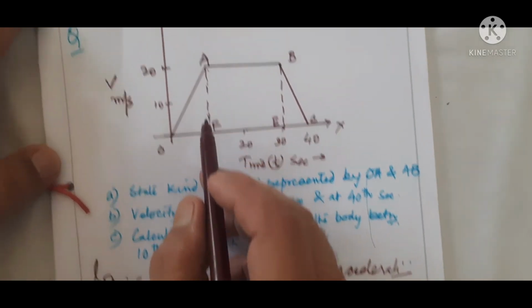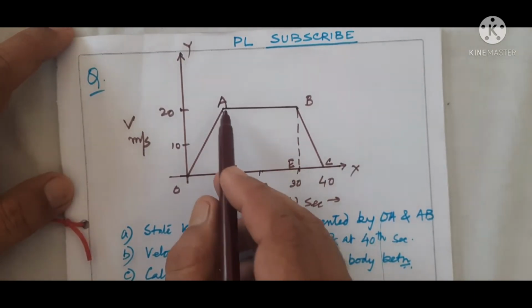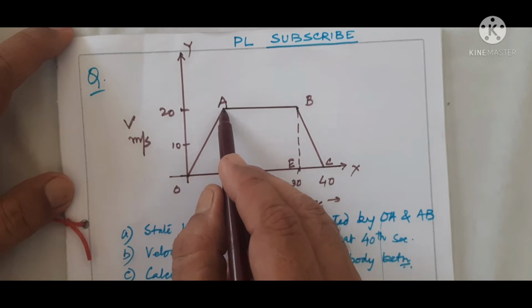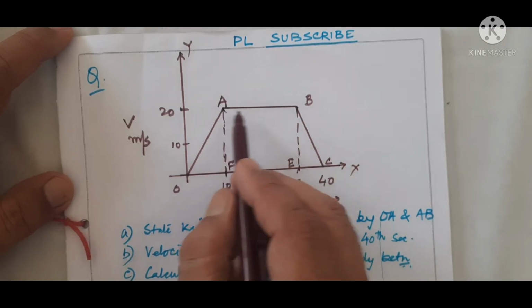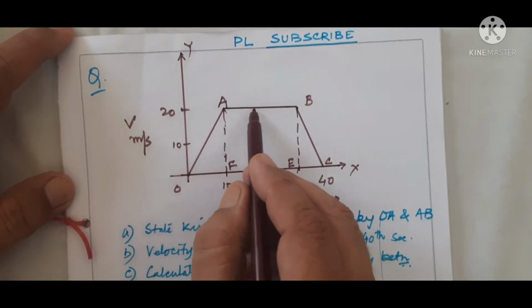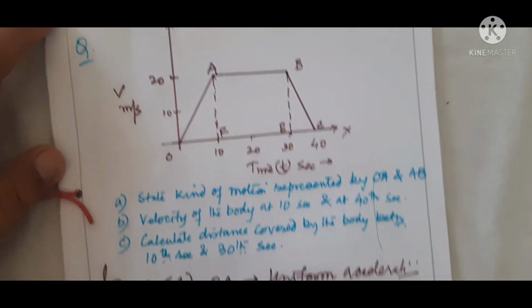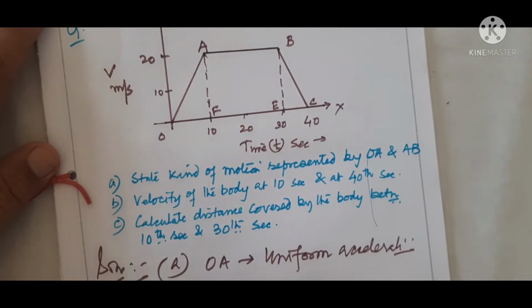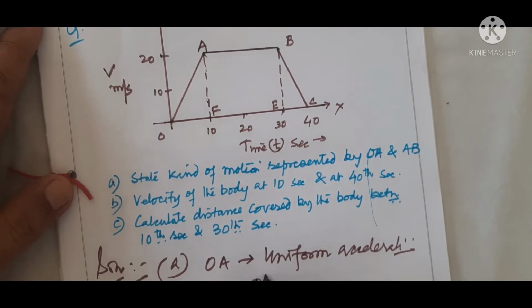And what about AB? For the AB part, the initial velocity is 20, and it stays 20, 20, 20. It is not changing. So for AB, we have to write that the object is moving with a constant velocity, a uniform velocity.